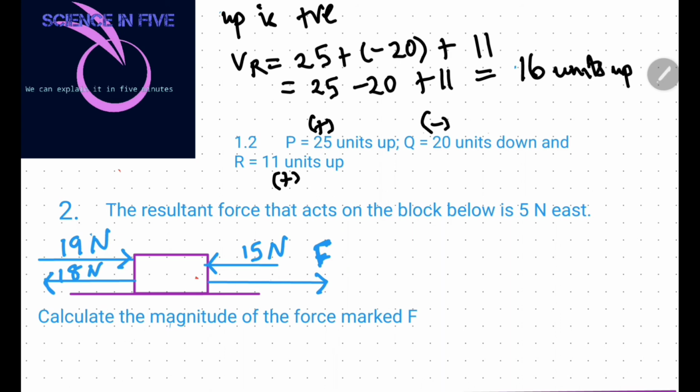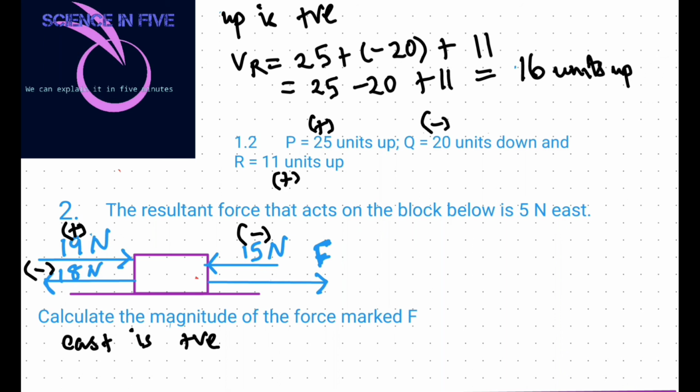Again, I need to decide which direction is positive, which direction is the negative direction. So let's say east is positive. So which means the 19 Newton force is a positive force, the 15 Newton force is a negative force, the 18 Newton force is a negative force, and force F must be a positive force.